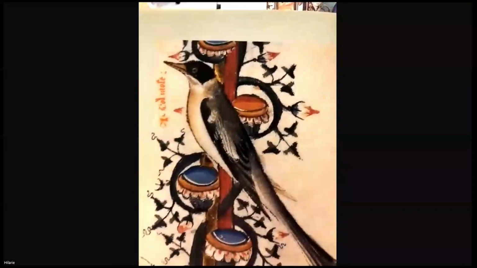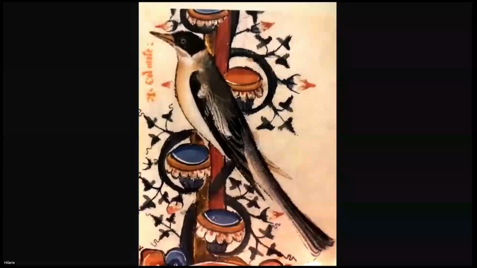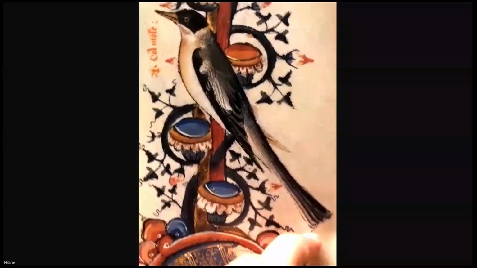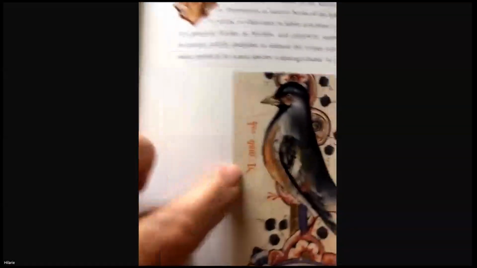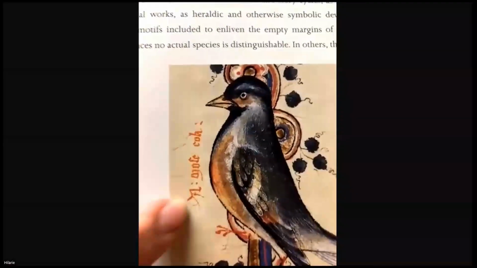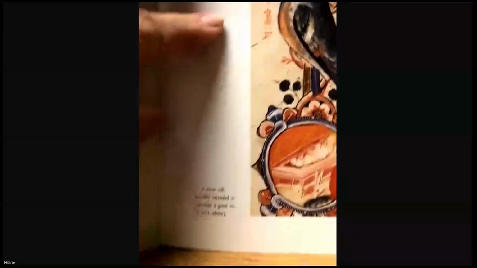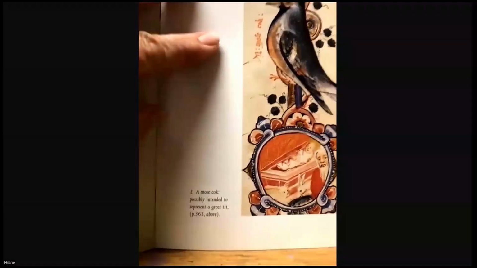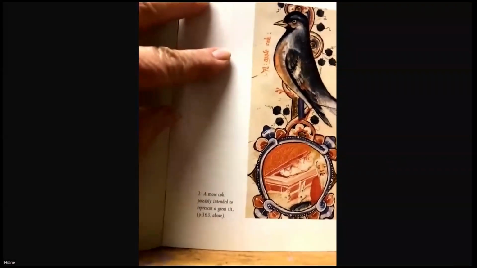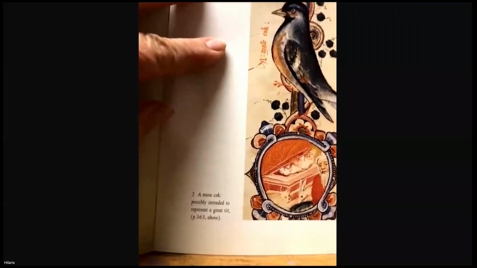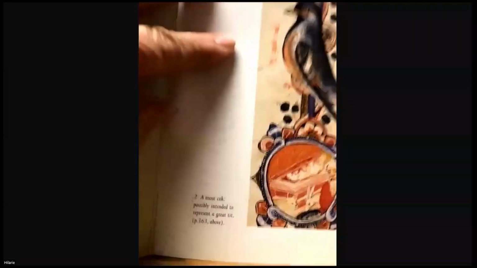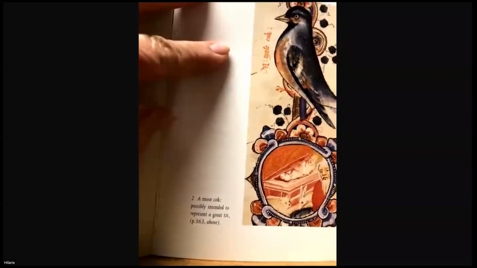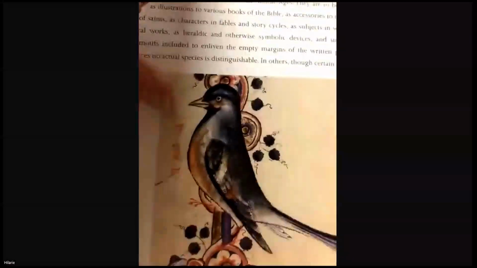One thing that is really super cool, and something the ornithologists really love, is that they actually even put what the birds were here. And so that is a mouse cock. I don't even know what that is. Possibly intended to represent a great tit. Well, there you go.